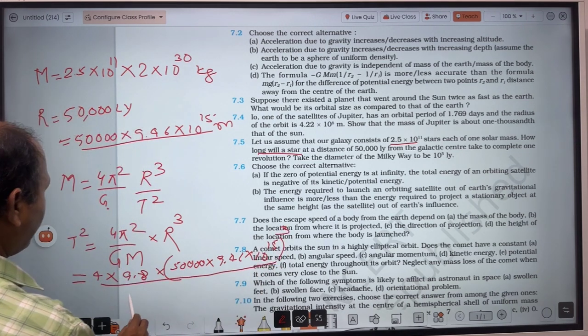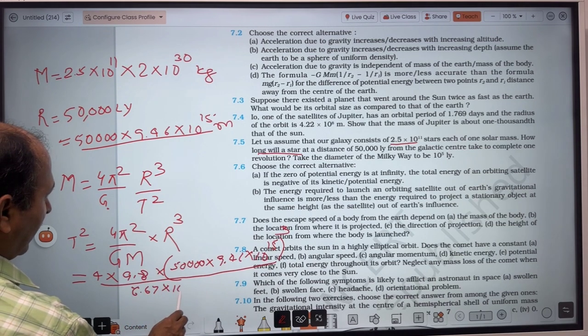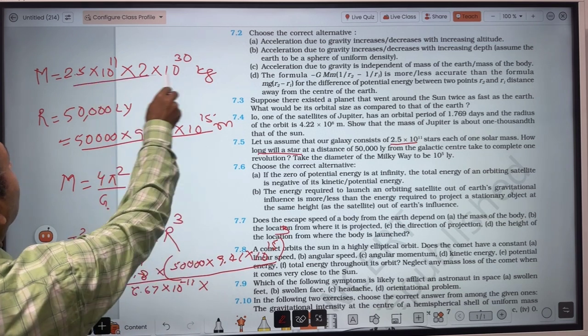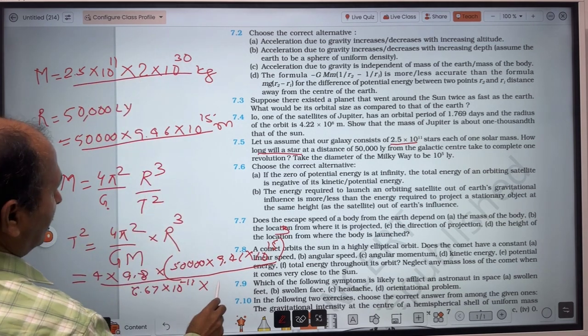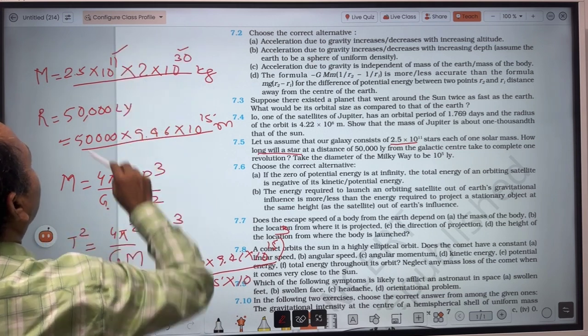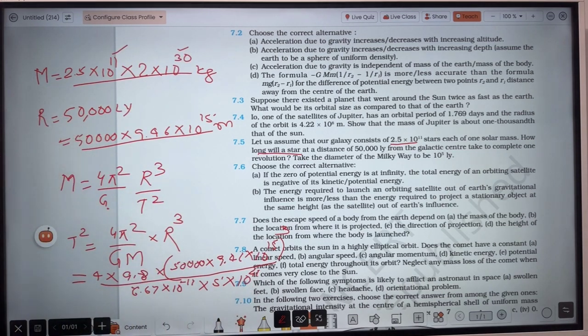Divide by the value of G. G is 6.67 into 10 to the power minus 11, into the mass of this, which will be 5 into 10 to the power 41. Now take 1 minute to evaluate and then take the square root.